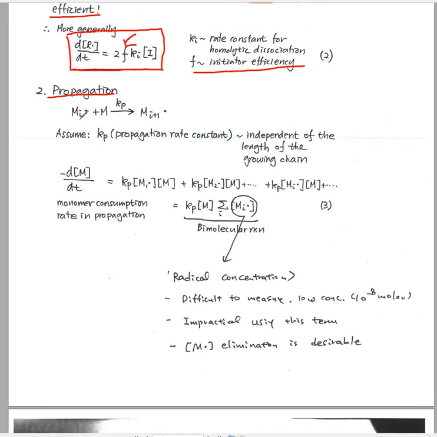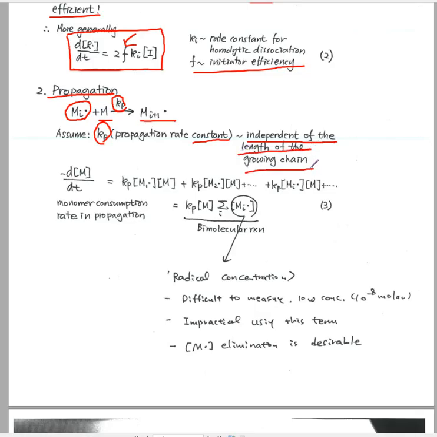As you recall, propagation is basically the reaction between the growing chain radical and the monomer, forming a longer chain. Here Kp is the rate constant of the propagation process. We'll assume that Kp is constant, independent of the length of the growing chains.